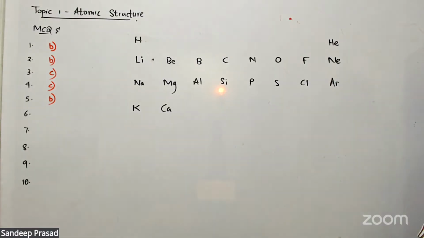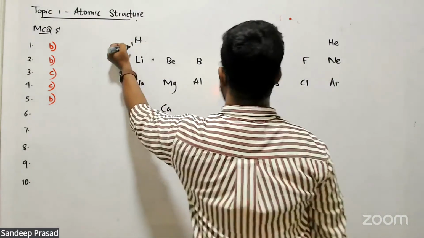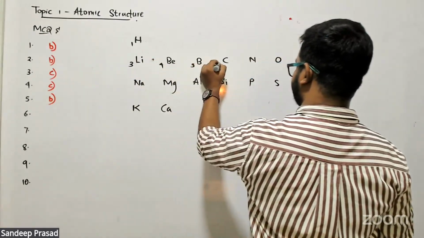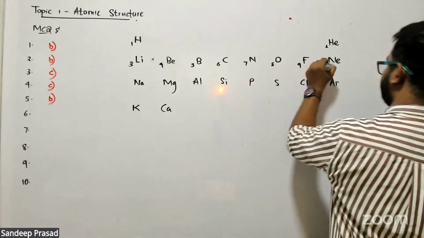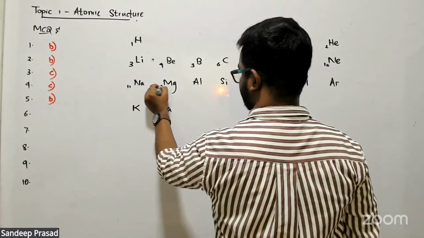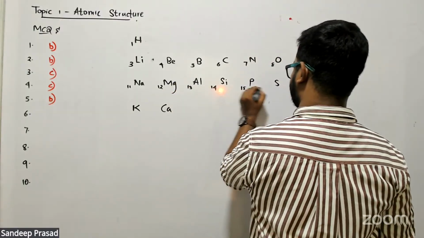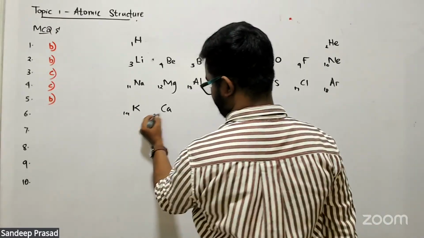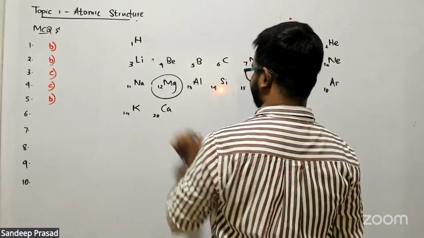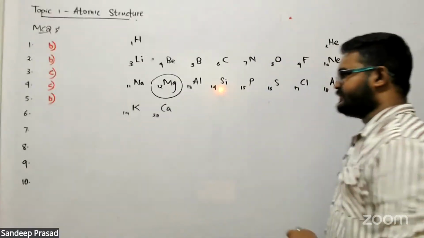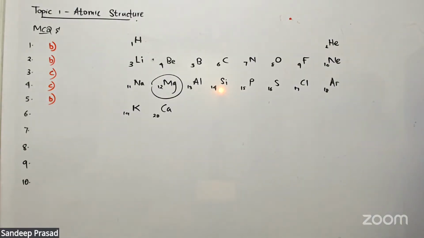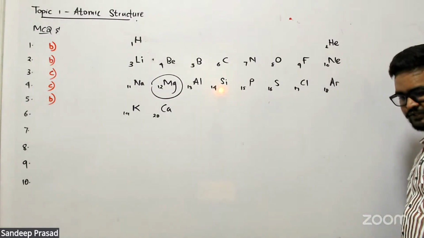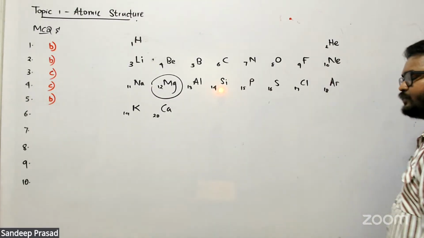This is what you learned. Hydrogen is the first one, helium is the second, and in this way, magnesium is the 12th in the periodic table. You have already learned these in your O levels. The first 20 elements are hydrogen to calcium.